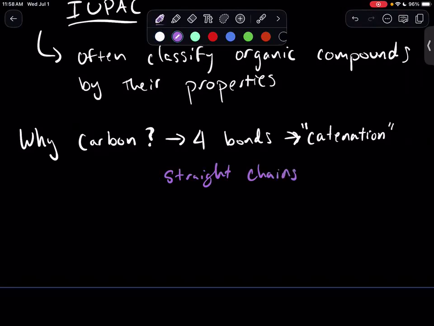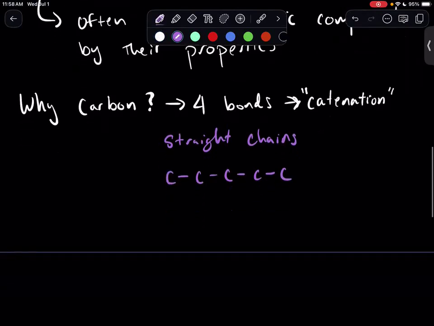Something you might see for a straight chain structure is just a series of carbons. You'll note I'm not drawing any other atoms, just carbons single bonded to each other, maybe a double bond thrown in there, maybe even a triple bond. But we can just bond in a straight chain. We can also form branched chains.